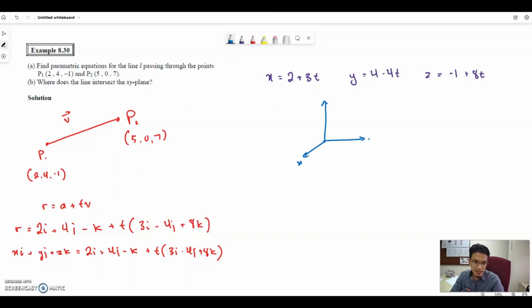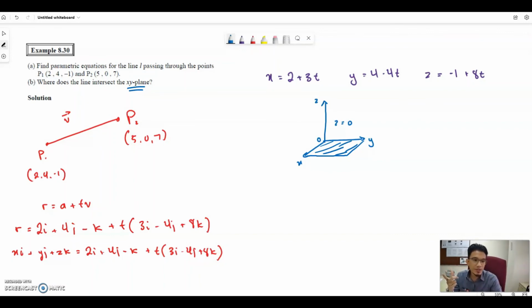This is the X, this is the Y, and this is the Z. The XY plane is like a paper on the axes of X and Y. So the XY plane has a Z coordinate of 0. Z equals 0 when we are talking about the XY plane.